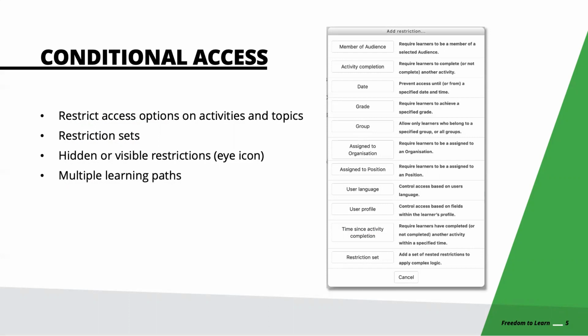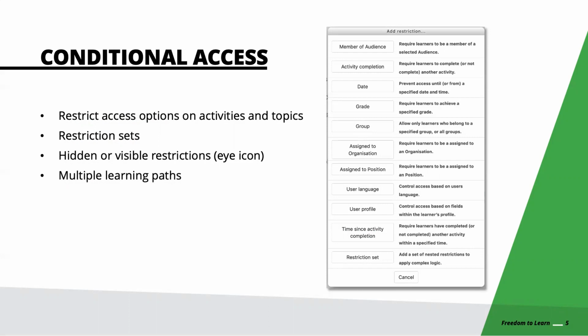So hopefully on screen you can see in reasonable detail some of the different options you have around restricting access. Now there's a huge range there, and they are available for resources and activities, as I've said, but also for topic sections. So whether it be weekly or a topic section, you can actually add these restrictions.